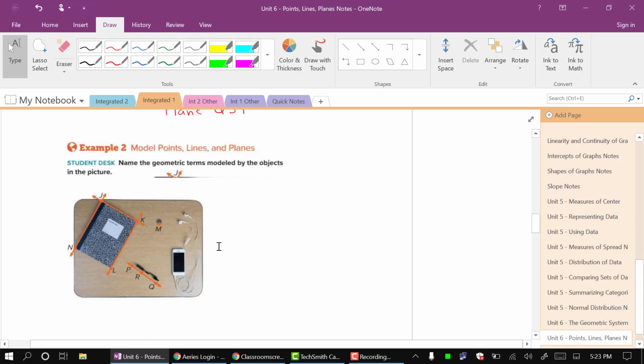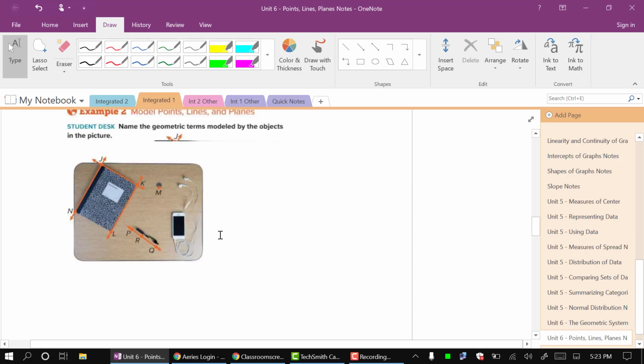Name the geometric terms modeled by the objects in the picture. If we look at this, we have a notebook. The geometric term for the notebook is a plane, and the letters are J, K, and L. Looking at the notebook, we have the notebook edges.